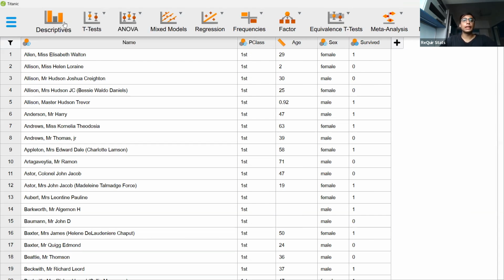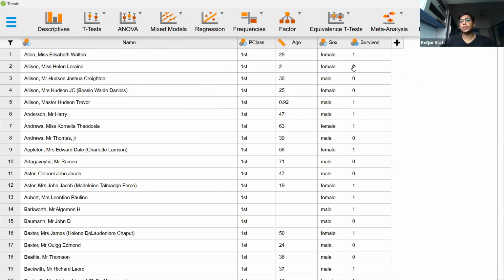First, of course, we would get some descriptives. I'm telling you the flow of this analysis. I'm not going to necessarily do the analysis because it's already 5:50, and this might need a little more explanation. We would first do descriptives. We would get the frequencies and percentages for the categorical variables class, sex, and survived, and the mean and standard deviation or the median and interquartile range for age.